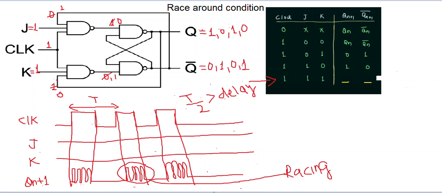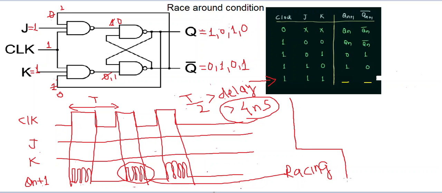What will happen? The output will not be generated, and when the output is not generated, there won't be any toggling. Just for example, say the delay of this flip flop is 4 nanoseconds. Then T by 2 should be greater than 4 nanoseconds to attain the race around condition.